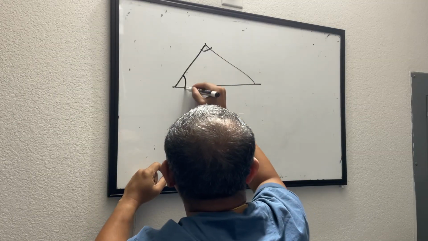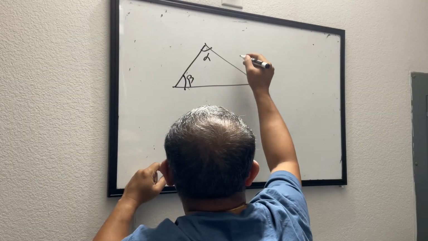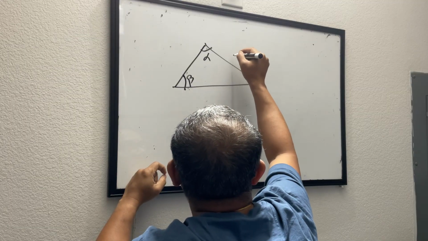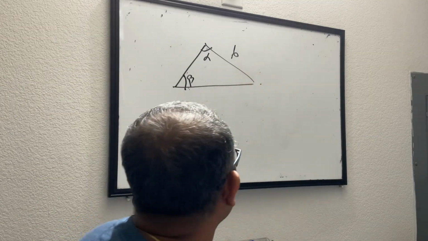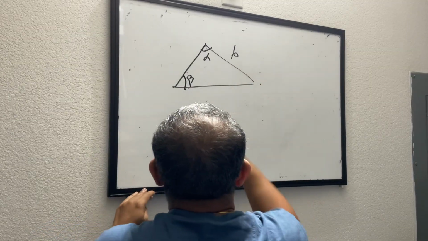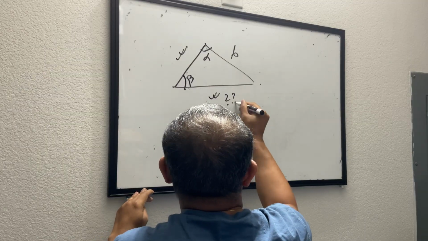Let's say I know this angle and this angle. This is alpha, this is beta. And this is, let's say, B. B is known, and this one is unknown.